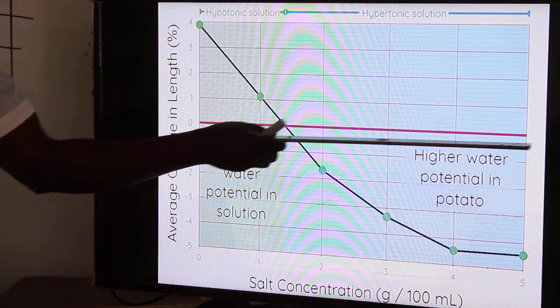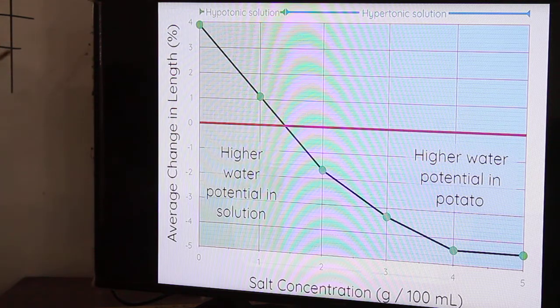So here there is no increase. Meaning, if you take a solution and place the potato cylinder, that potato cylinder does not change in length after 30 minutes.